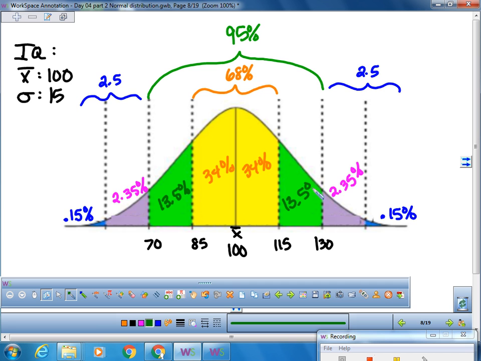Raise your hand. Okay, Tina, go ahead. Subtracting 47.5. You would subtract 47.5 minus what? 34. Where did you get 47.5? So you have the whole 95. Then what do you do?